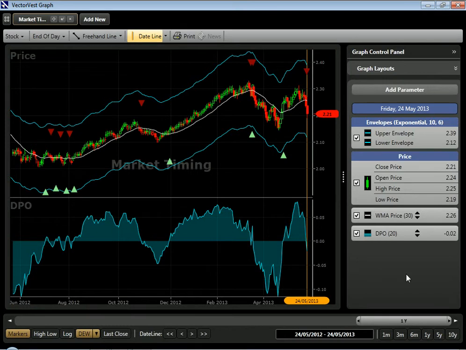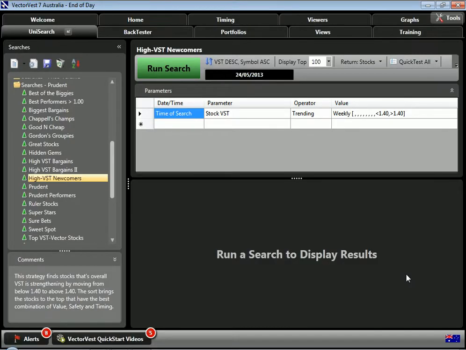With our timer in place, we need to answer the question regarding the search we should use. I've moved us over into the Unisearch tab, and we have a group that is called Search is Prudent, and it has some really great choices, including high VST newcomers. This search is going to find stocks whose VST rating has increased to above 1.4 within the past week.